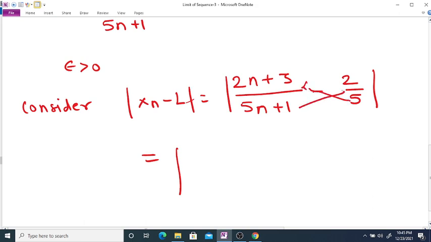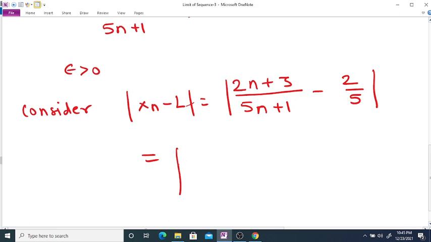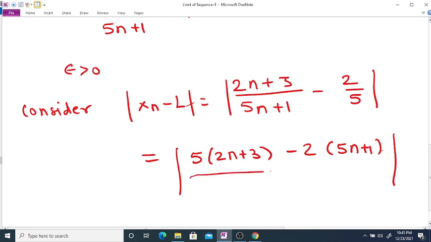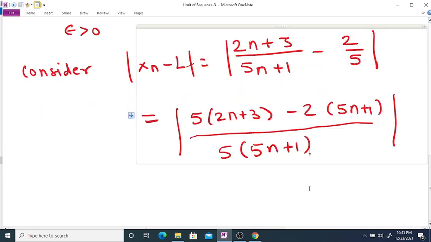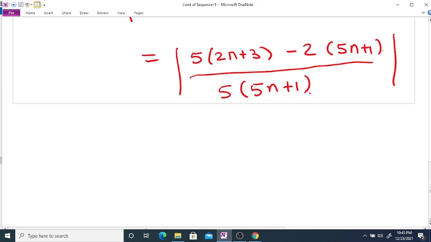Now if we simplify this, multiplying by 5 and by (5n + 1), we get 5 times (2n + 3) minus 2 times (5n + 1), divided by 5 times (5n + 1).